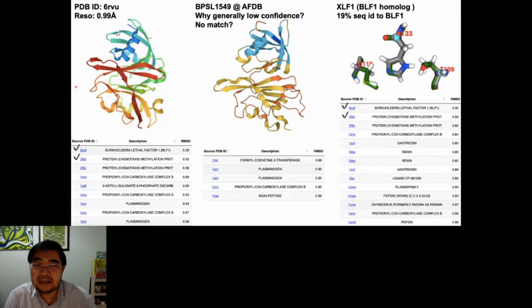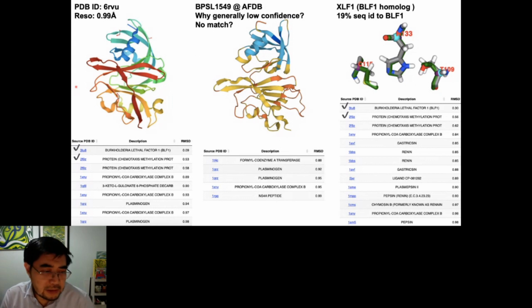So as I was saying, I think it's the pipeline that's getting it wrong, because as you can see on the rightmost panel, we took a very remote homologue of BLF1, which we call XLF1, Xanthomonas lethal factor 1.